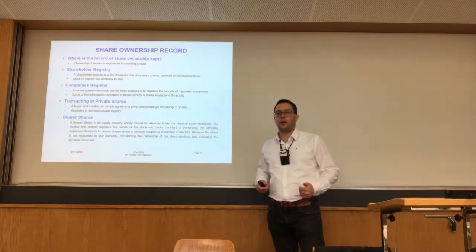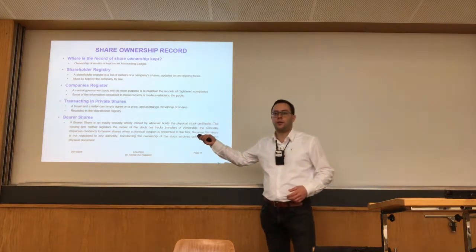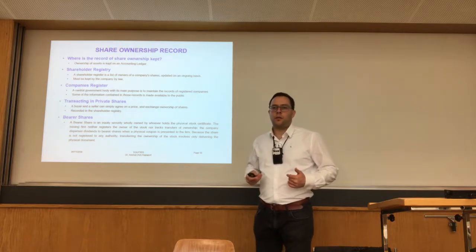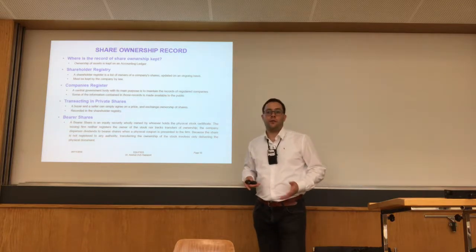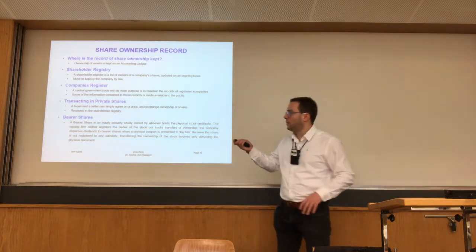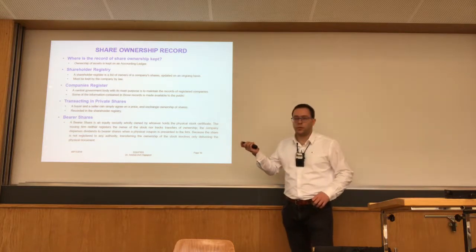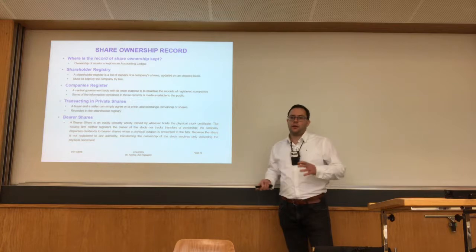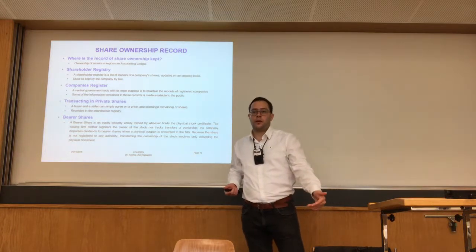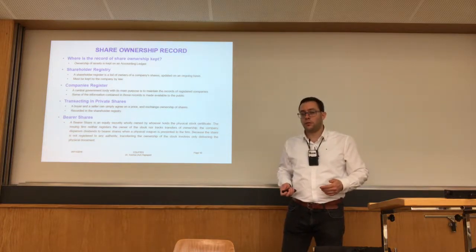So if I start a company, I register it with the company's register, the Handelsregisteramt. It's recognized. I am obliged by law to keep track of who owns the shares of this company. Now, in some jurisdictions, I don't even have to inform the company's house who the shareholders are.